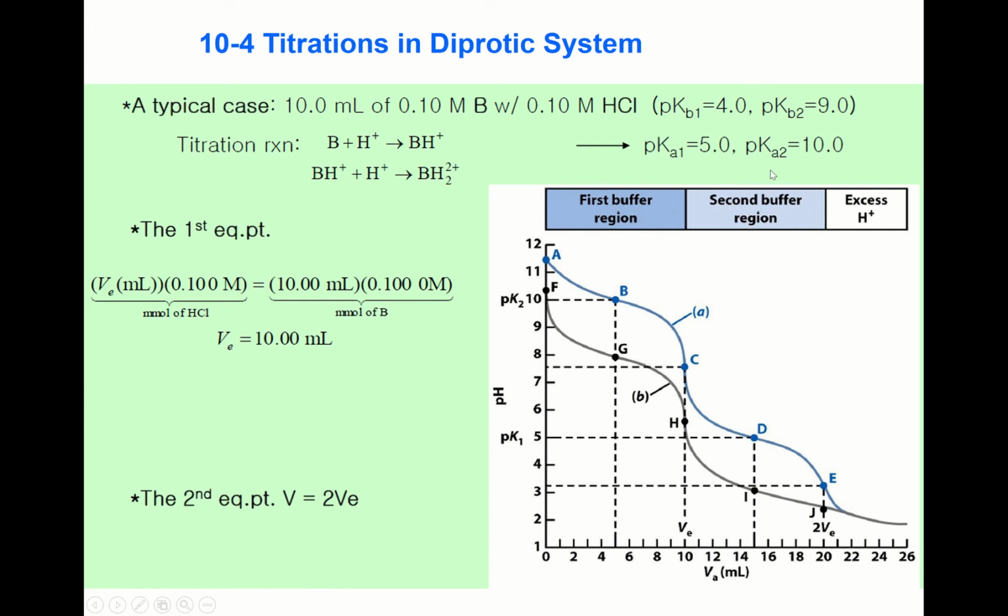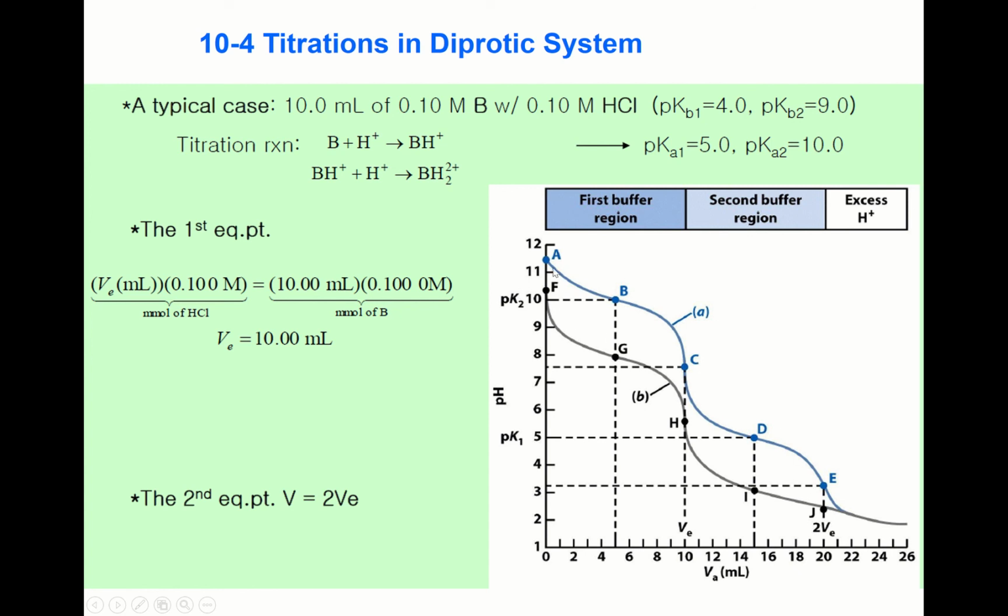in order to use the Henderson-Hasselbalch equation. Since this weak base accepts protons step by step, we can imagine this type of titration curve.